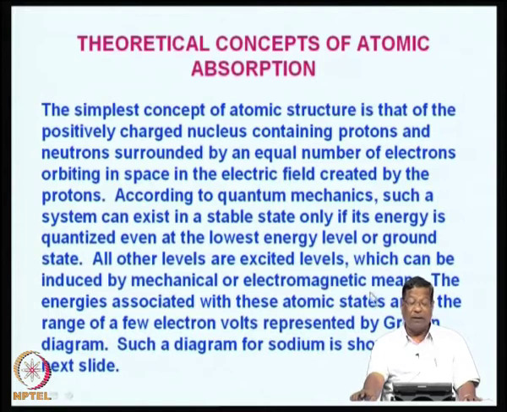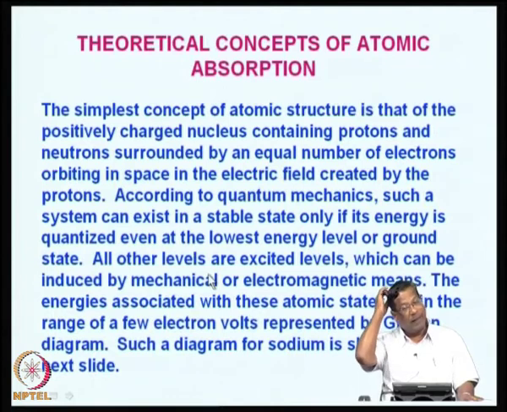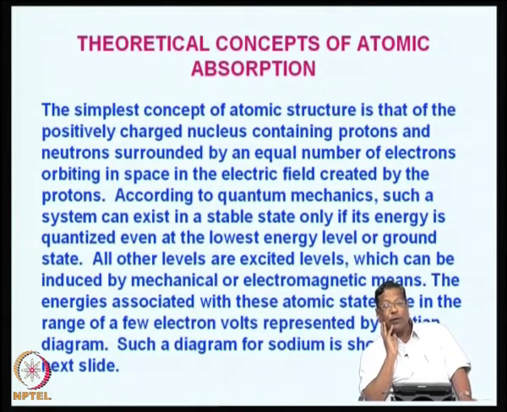So, all other levels except the ground state are referred to as excited levels, which can be induced to be occupied by the electrons to go to the next higher energy level or excited levels by mechanical or electromagnetic means. Mechanically, you can heat the substance and then produce the atoms, which will get excited and go to the next higher energy level.